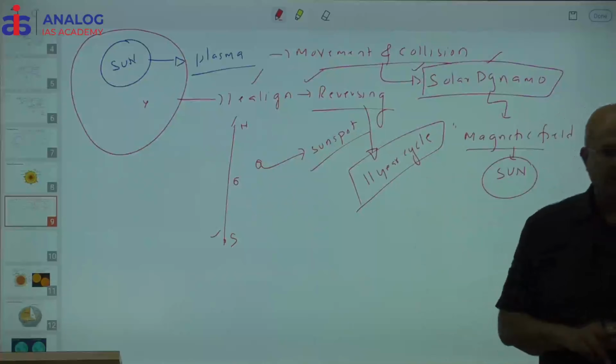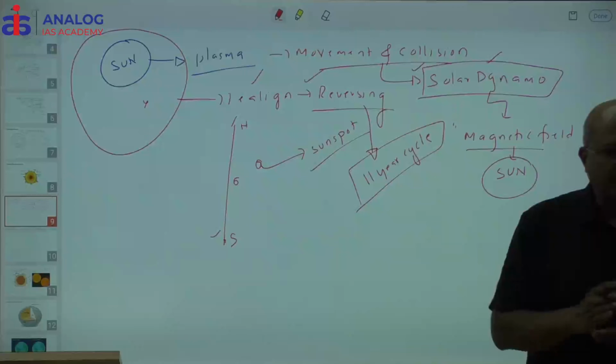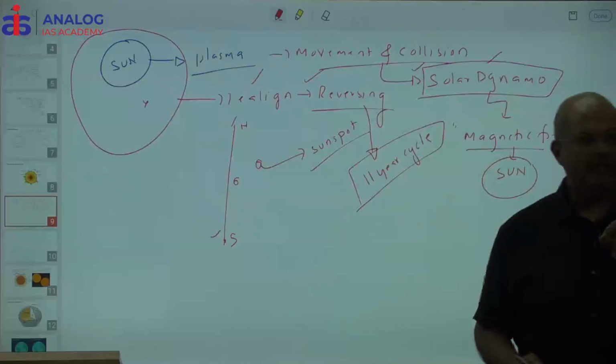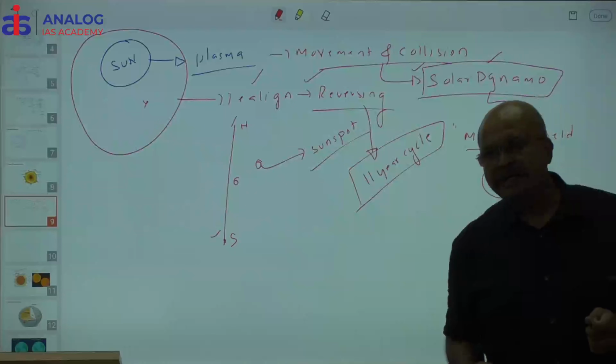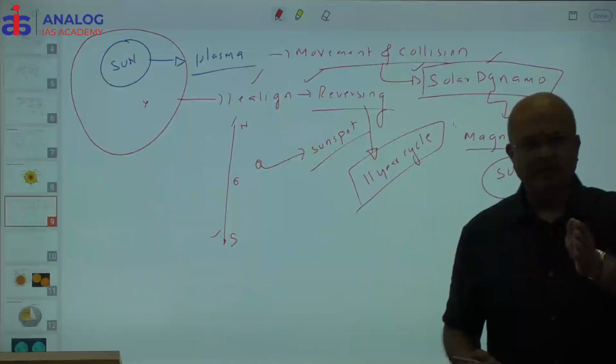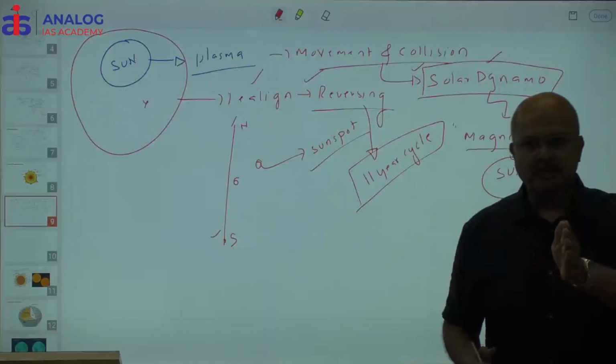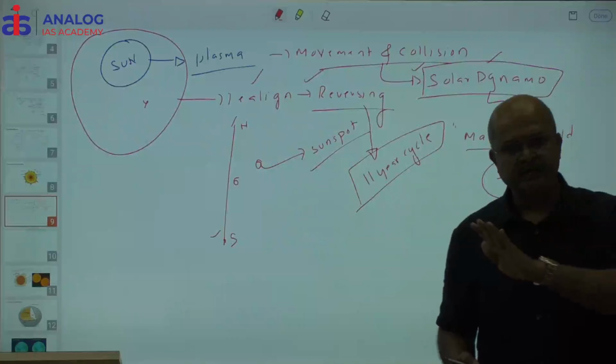Sunspots are the result of magnetic reversal, and this is always seen once in a cycle. Now, if they ask whether the sun's magnetic reversal is periodic or non-periodic, it is periodic, and it is always a cycle of 11 years.